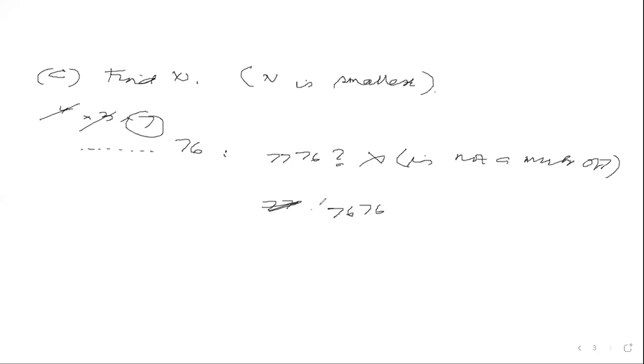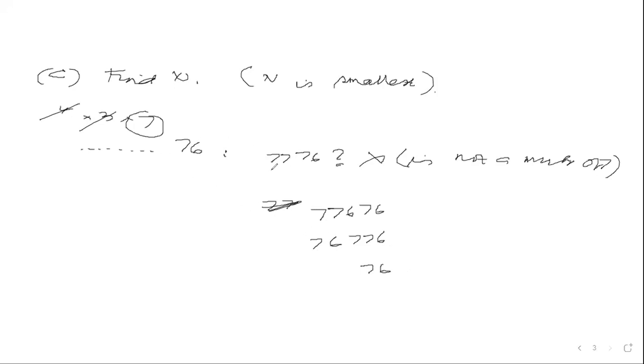So you can try that. Or you can try 6, 7, 7. You've got a 6 here and a 7 there. Like that. You need to have 3 7s, right? Ends in 76. So, okay, these are the next two.